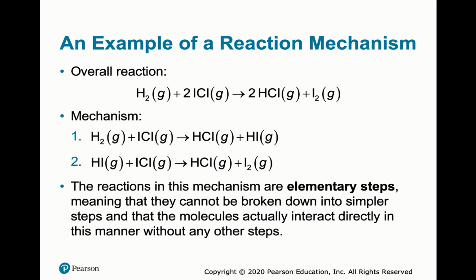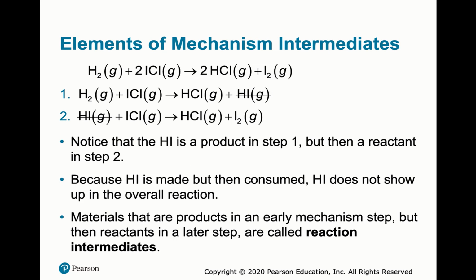So we have 2 elementary steps, meaning they can't break down into simpler steps. So they interact directly in this manner without any other steps. And you can see that there is an intermediate here. You have hydrogen iodide as an intermediate. So hydrogen iodide is generated, but it's also consumed.